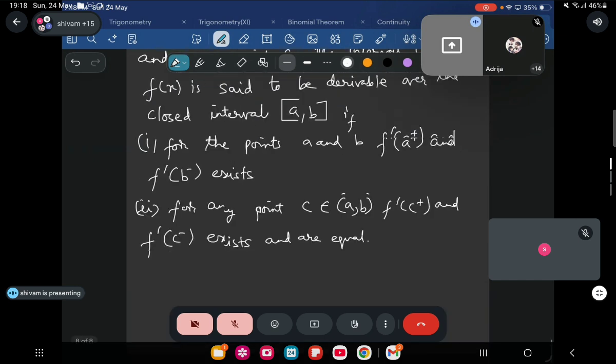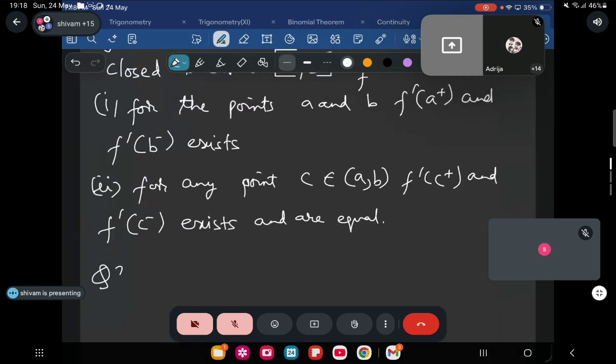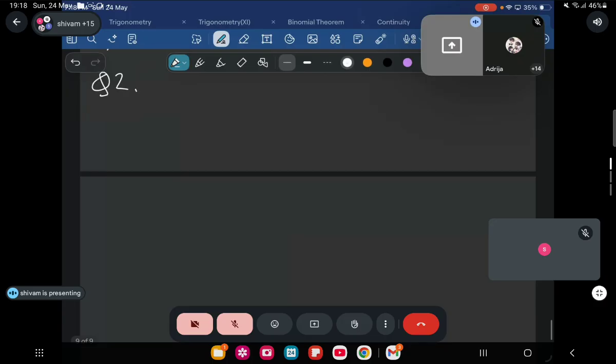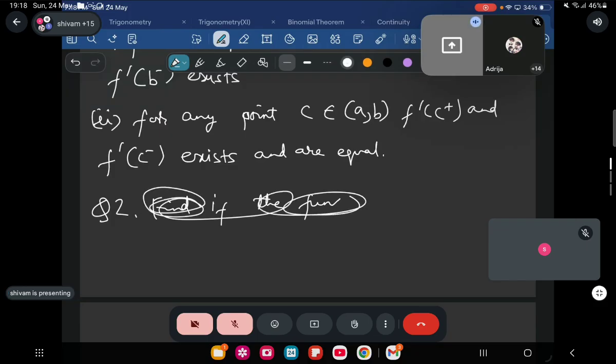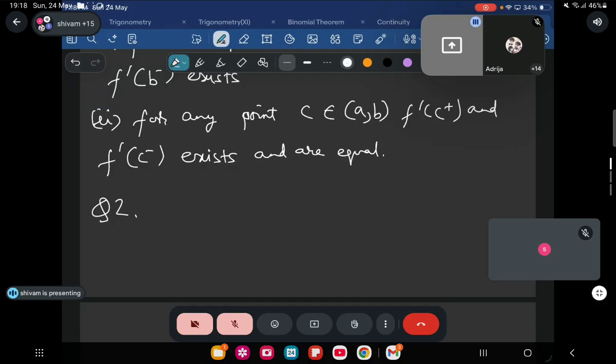Question number 2. Let me know whether we have done this sum or not. Find if the function mod ln x, I think we have done it last day.